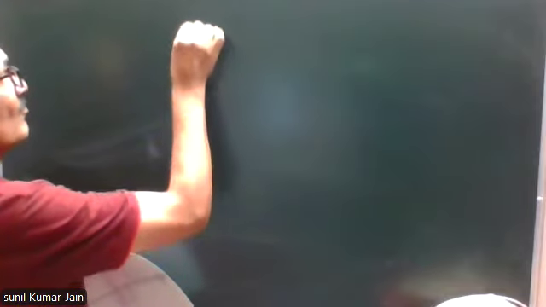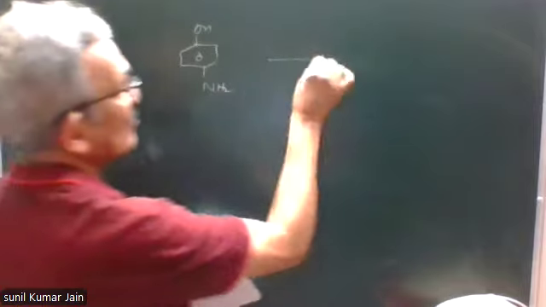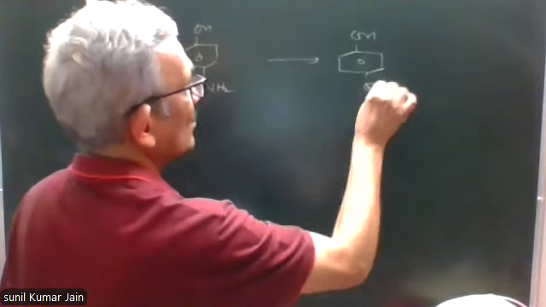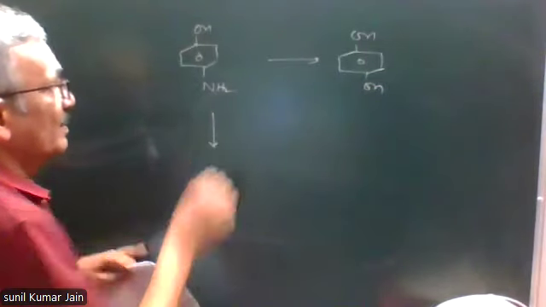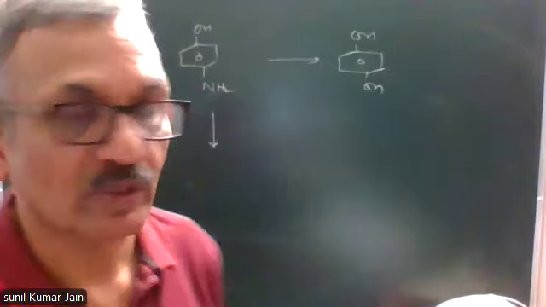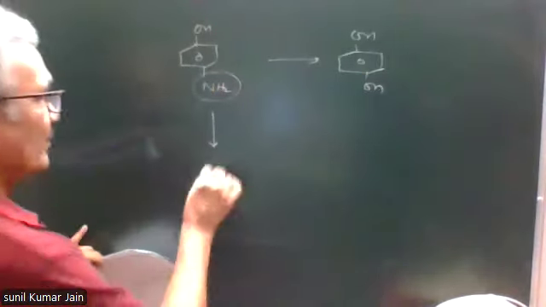These conversions. 4-aminophenol into 1,4-benzenediol. Basically, we have to convert the NH2 group into an OH group. Convert NH2 into a diazonium group.